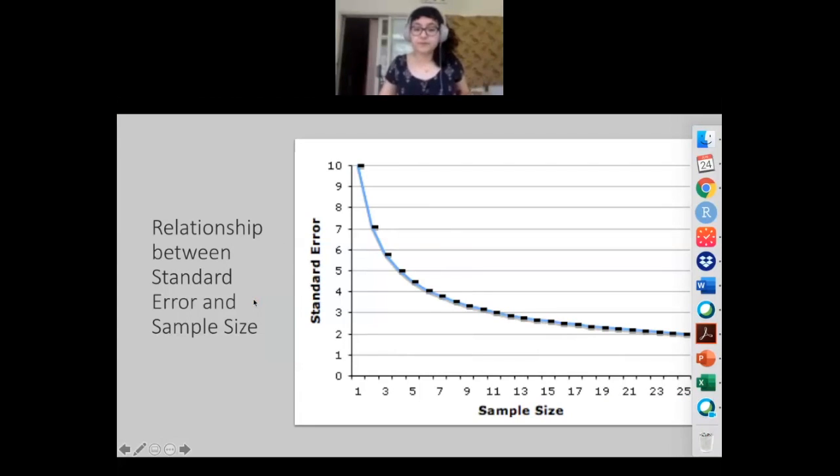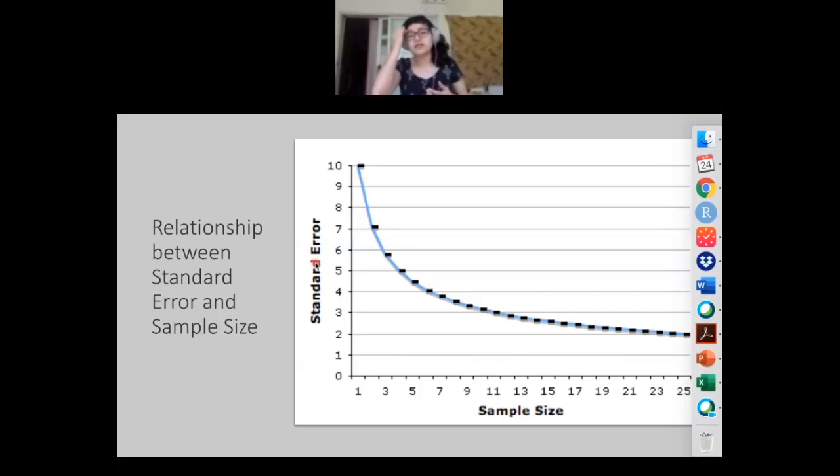As standard error goes down, it's because your sample size is getting larger. We saw that when I showed you the demonstration on how if you repeated your samples with larger and larger sample sizes, you get closer and closer to the parameter estimate, the truth of what the actual parameter is.